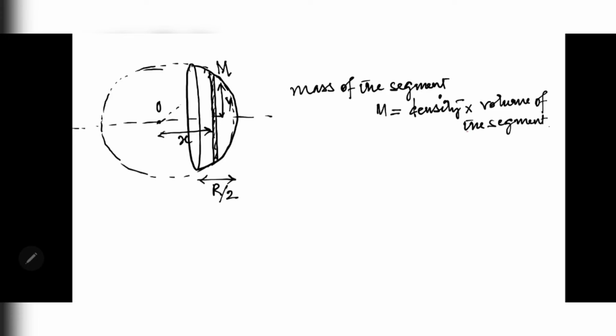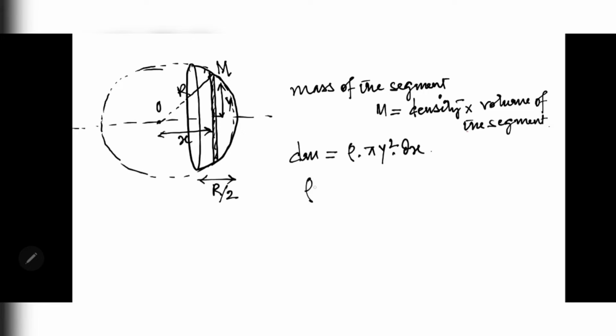Here the radius is r. Now mass of the small disk dm equals rho into pi y square into dx, where rho is the density of the solid sphere.